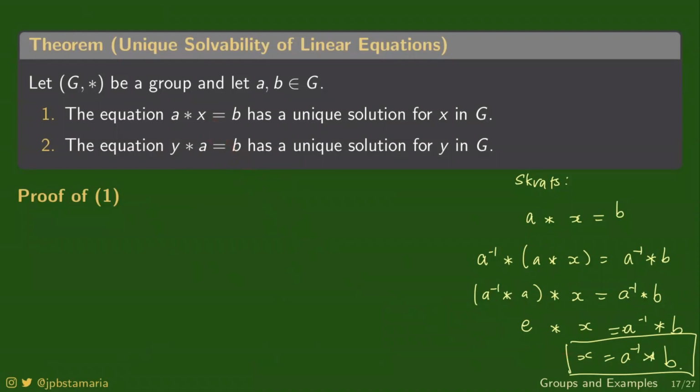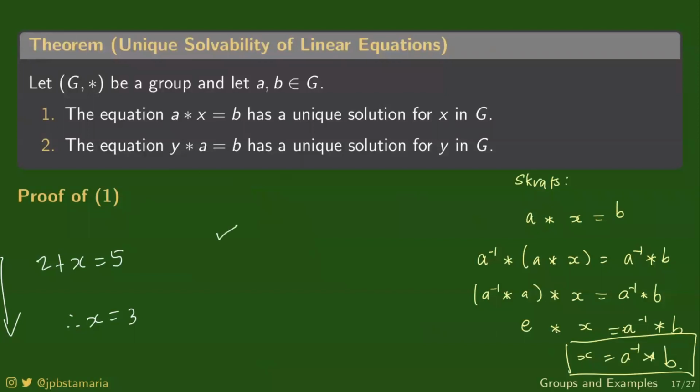Kaya kapag kayo yung nagsasolve sa algebra, let's say, solve for 2 plus x equals 5. Yung ginagawa nyong ganito, therefore x is equal to 3. Yung ginagawa nyong ganyan, it's actually finding for a candidate. Ano yung proof na siya yung solution talaga? What is your proof that it is indeed a solution?